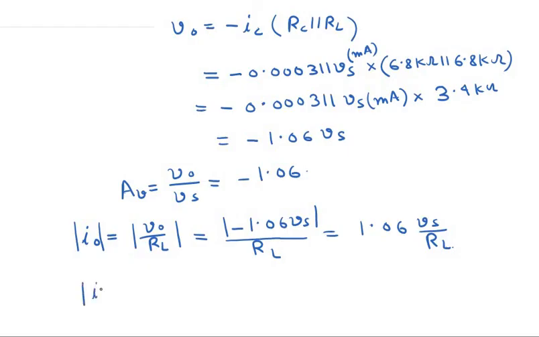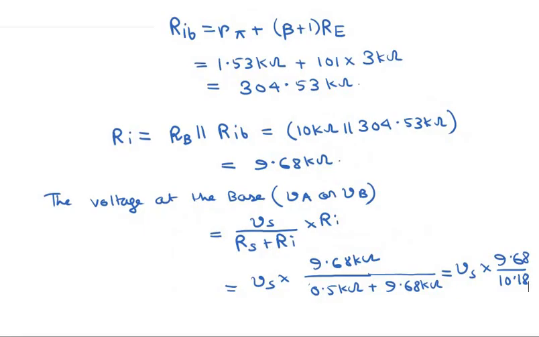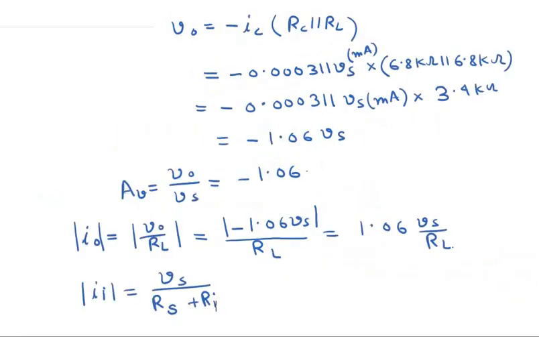The magnitude of the input current II is Vs divided by the source resistance Rs plus the input resistance of the amplifier Ri. Rs is 0.5 kilo ohms, and Ri is 9.68 kilo ohms.